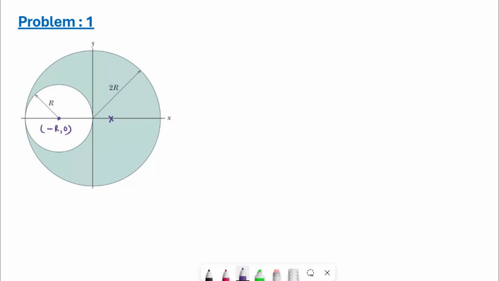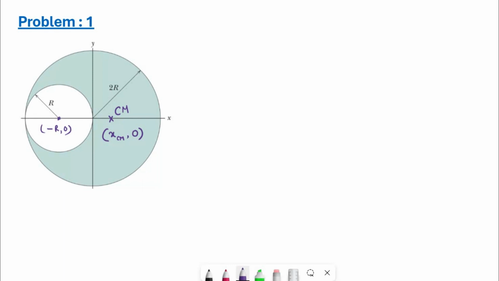That means somewhere here. This is what we're going to consider to be our new center of mass, and its coordinate is going to be some value xcm, and the y component is going to be 0 because the whole thing is symmetric with respect to the x-axis, as we have just spoken of.